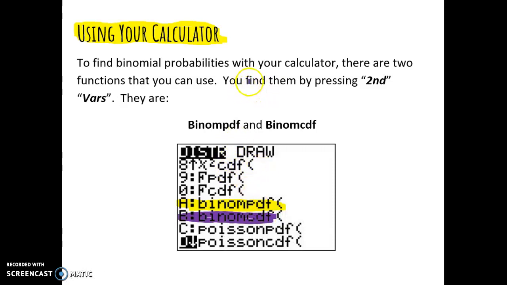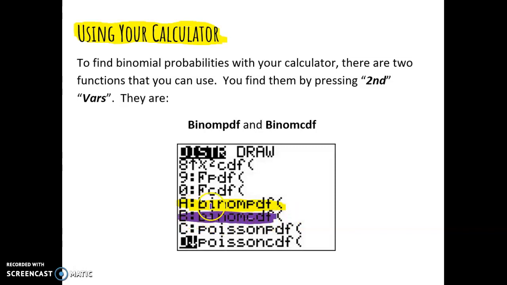And you can find these by pressing second vars. So on the calculator, you press second vars, and you will have a menu of items, and you will scroll down until you get binom PDF, which is A on this screenshot, or binom CDF, which is B on here as well.